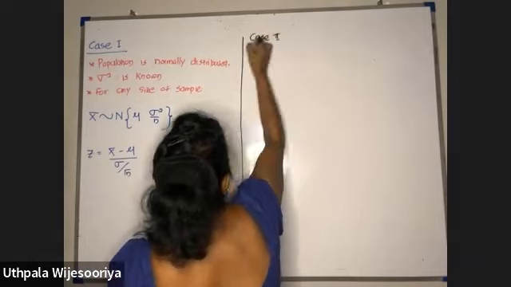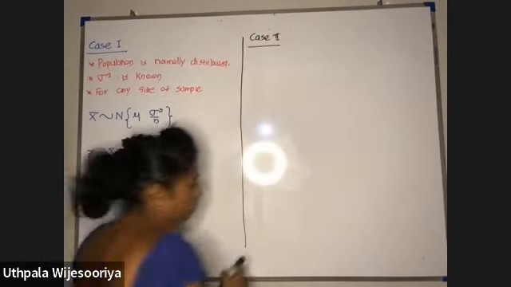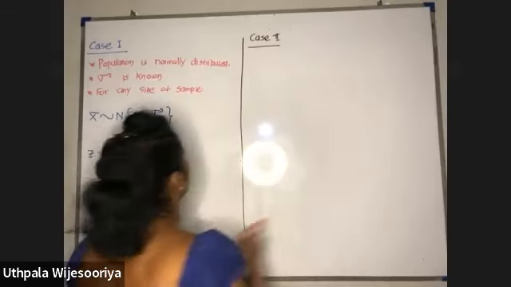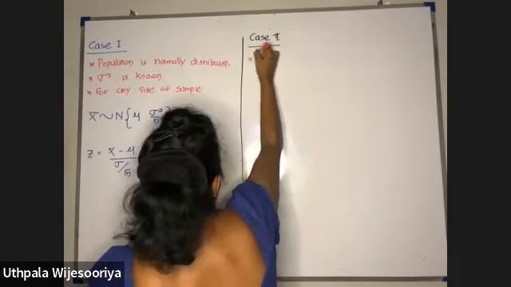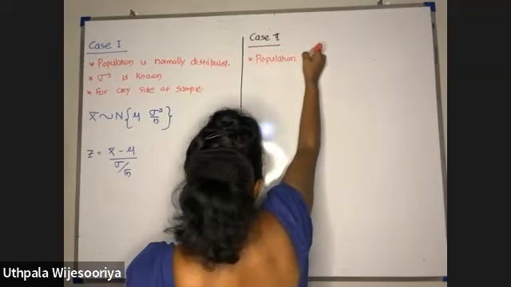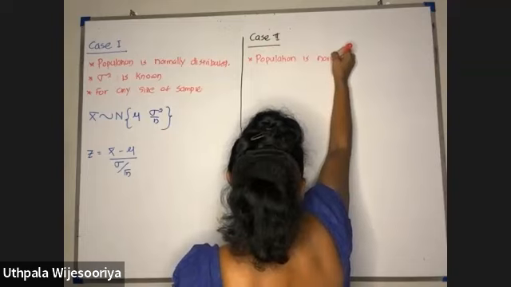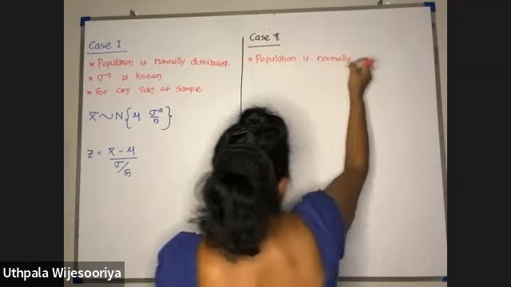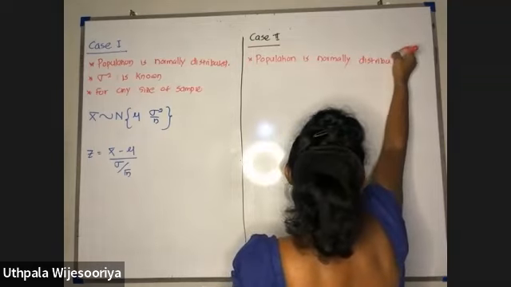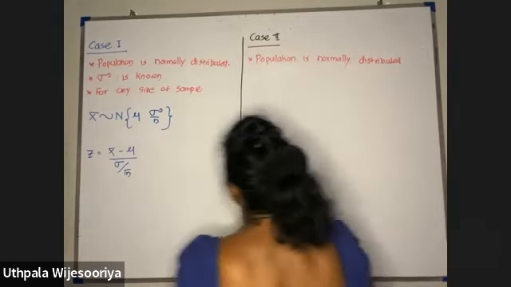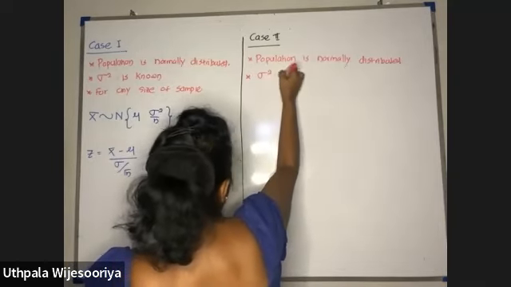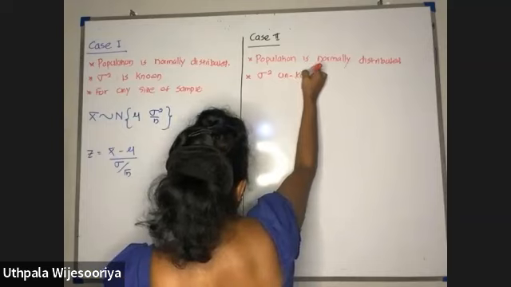Case 2 is again a normal population, population is normally distributed, and the population variance is unknown.